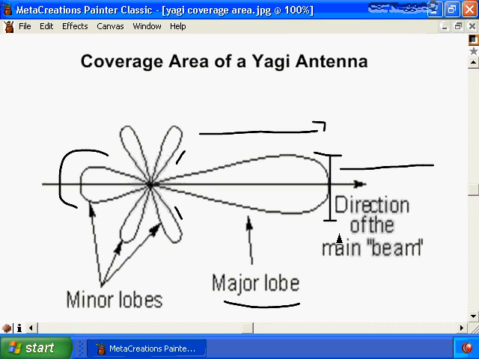So let's say, for example, you need to provide wireless LAN coverage down a very long corridor. And one method for providing that coverage is simply to use lots and lots of wireless access points. And the reason why you'd probably have to use lots and lots of wireless access points is due to the fact that most wireless access points come with an omnidirectional antenna. And in an indoor environment, these antennas usually have a range of about 150 feet in length.